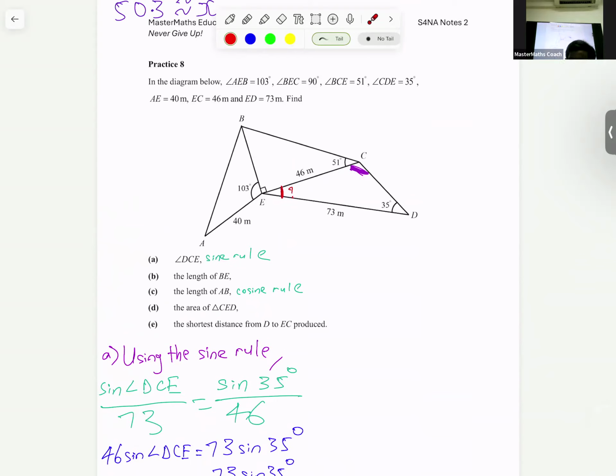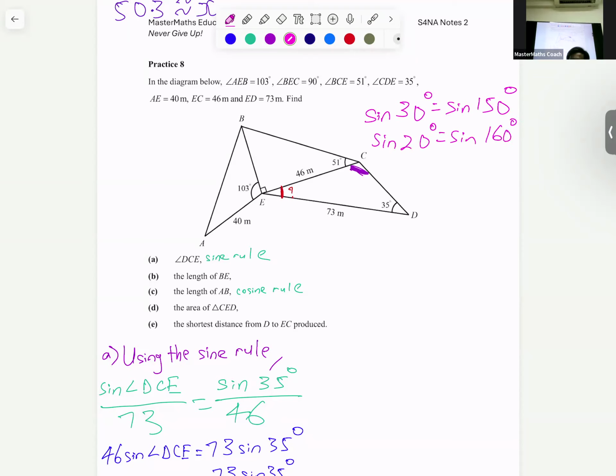Because when you look at the angle, does it look like an acute angle to you? You know what an acute angle is, right? Less than 90 degrees. No, it does not. It definitely looks like an obtuse angle. And then you know about this rule, right? Sine of 30 degrees equals sine of 150 degrees. Sine of 20 degrees equals sine of 160 degrees.